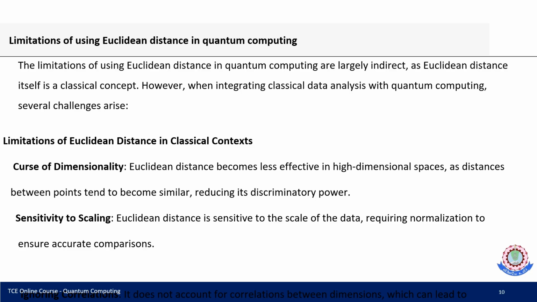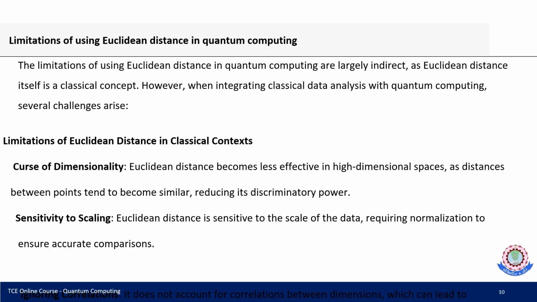Limitations of Euclidean distance in quantum computing. Here we can go with integrated classical data analysis in quantum computing, so we may have some challenges. Curse of dimensionality: Euclidean distance becomes less effective in high-dimensional space as distances between points tend to become similar, reducing its power.